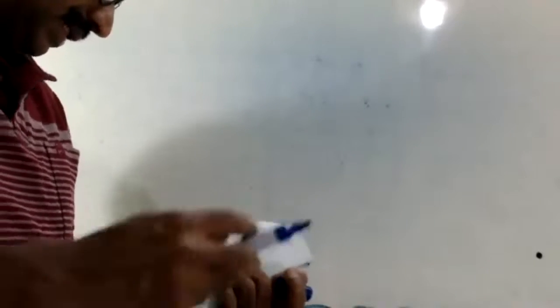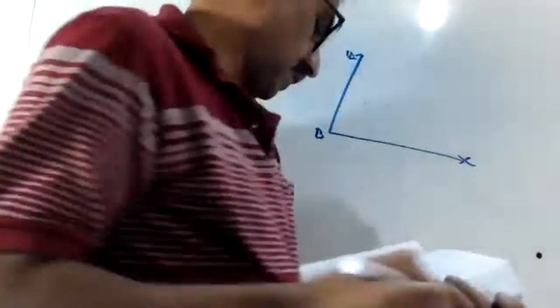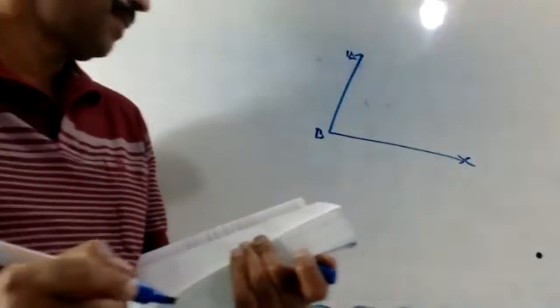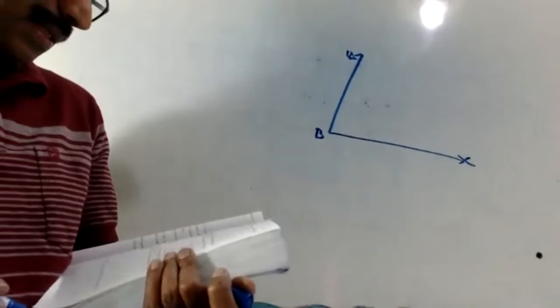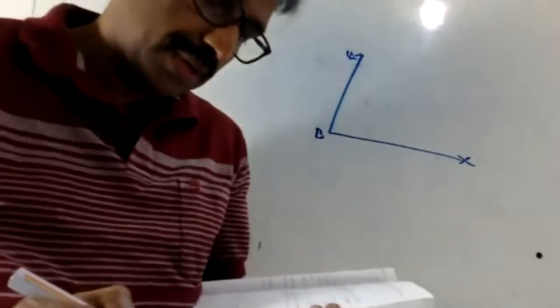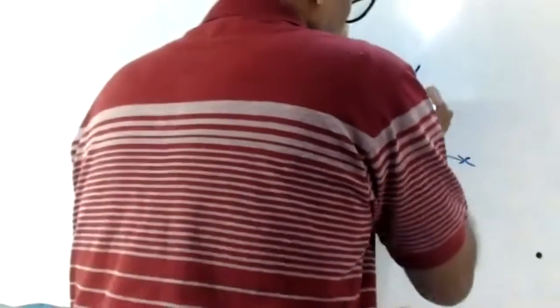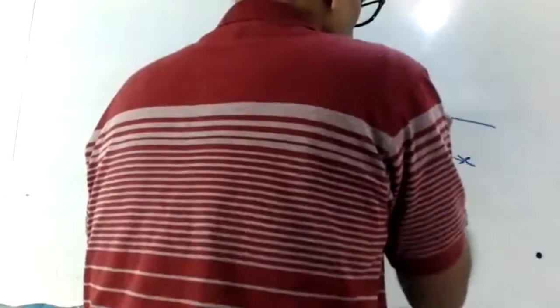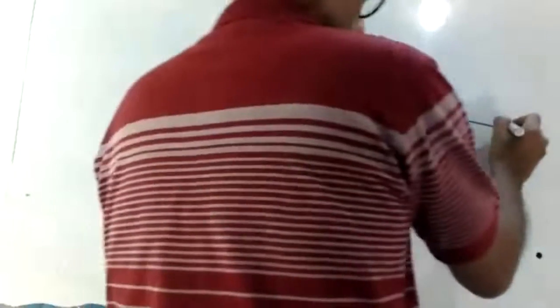In figure, BA and BC of triangle ABC are respectively parallel to ED and EF.